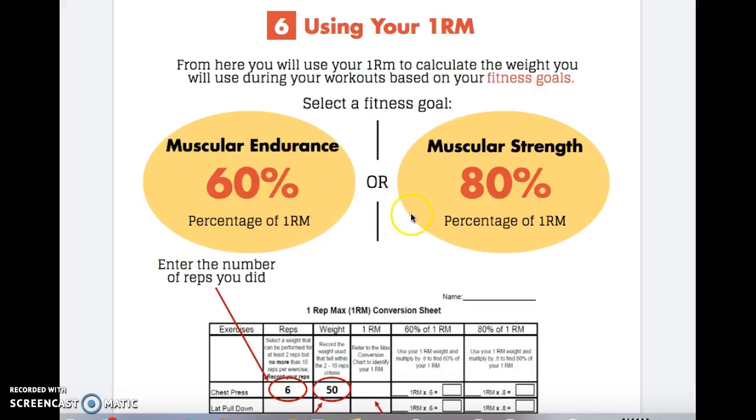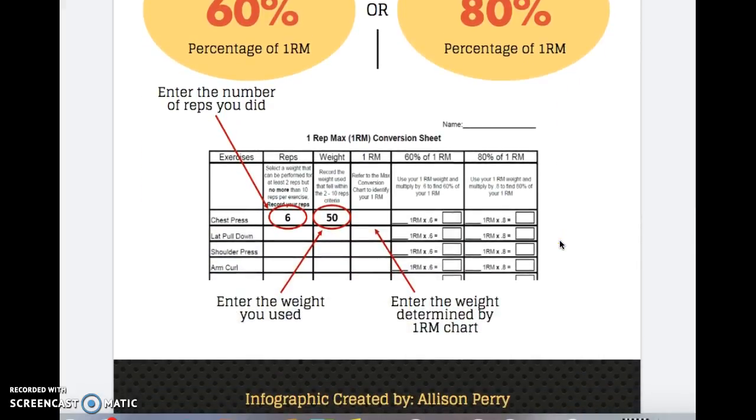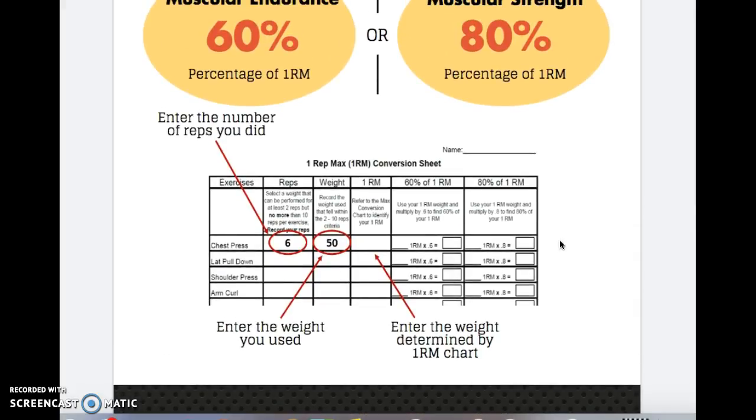So it gives them a choice of whether they're working for strength or endurance, highlighting the percentage of their 1 rep max they would be taking if they were working on endurance, and if they were working on strength. Because this is all one lesson, that is kind of the end of it, because we would then take this information and implement it into an actual workout.